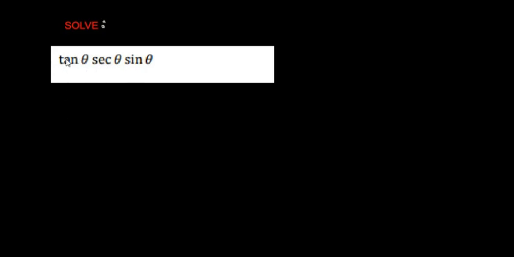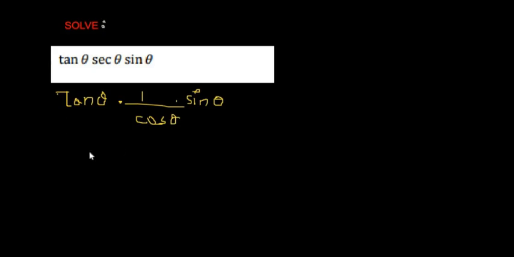Now as you can see, tan is given and sine is given, so I am not going to change them, so it's going to remain as tan theta and sine theta. But sec theta is obviously a reciprocal function of cos theta, so I'm going to change the sec theta as 1 over cos theta.